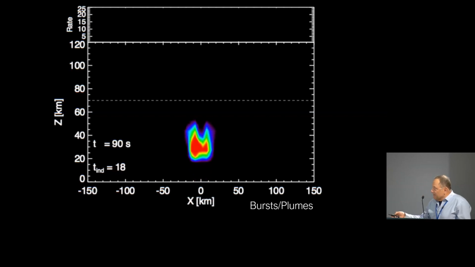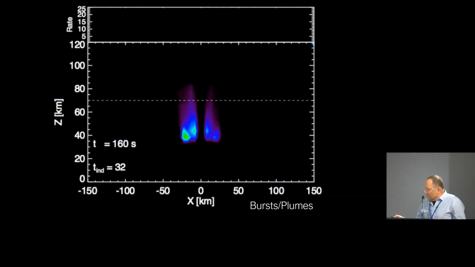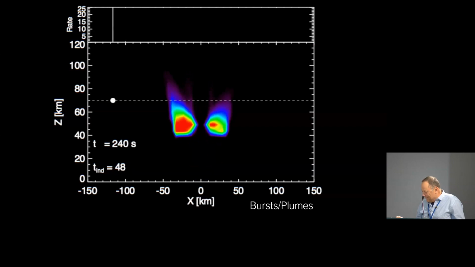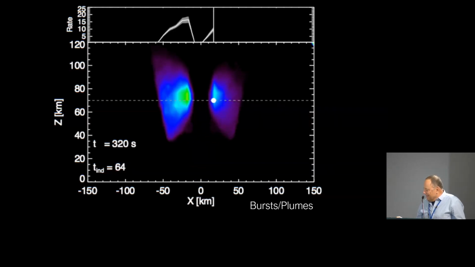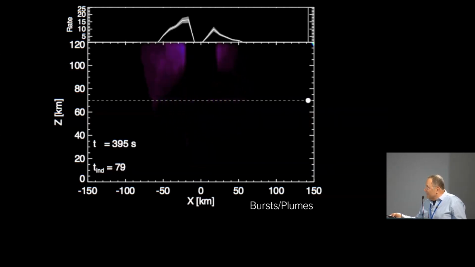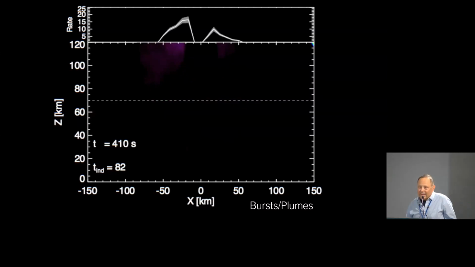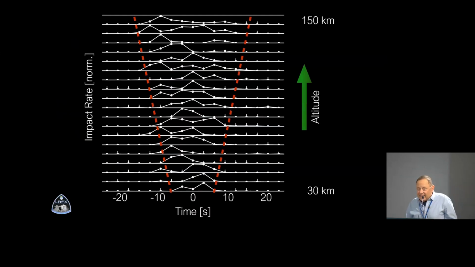So imagine that there is an impact that generates a puff of plasma, a puff of dust, and then the spacecraft is flying through, and you have this characteristic double lobe of the enhanced impact rates. We had several of those through the mission, and there are a couple of examples. This is real data, which I just collected and normalized.